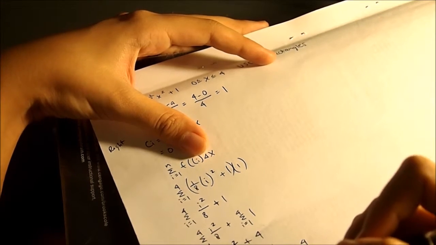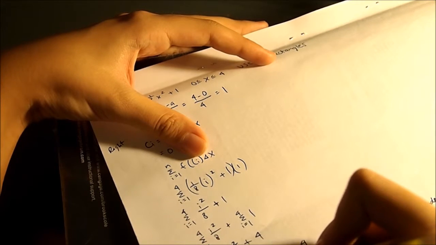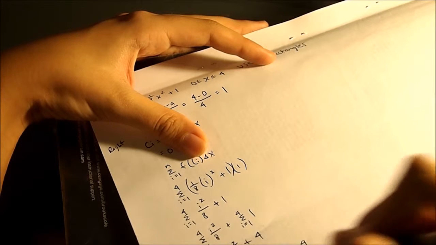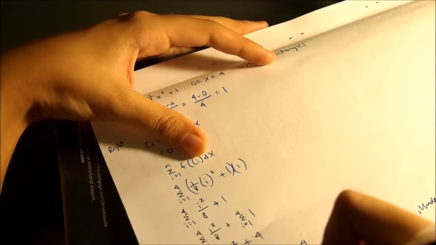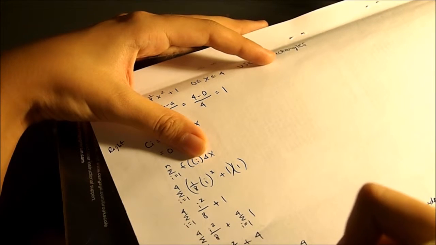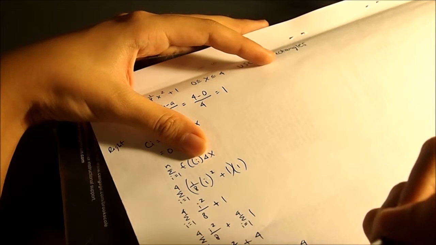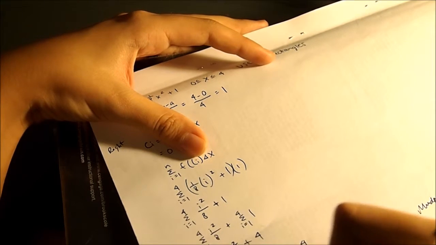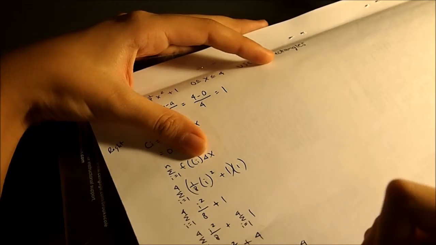We can make this a little easier to solve. This is 2 and 3, this is going to be 2. So you're going to get 15 over 4 plus 4, which is going to equal 31/4 or 7.75. And this is going to be for the right Riemann sum.